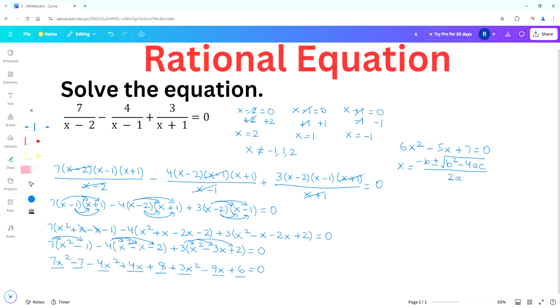In this quadratic equation, a is equal to 6, b is negative 5, and c is 7. Now we can sub in these values in this quadratic formula.